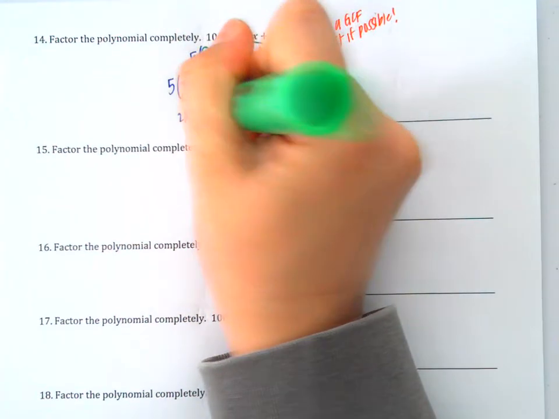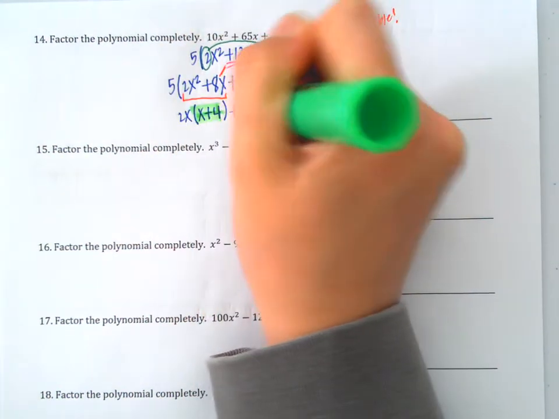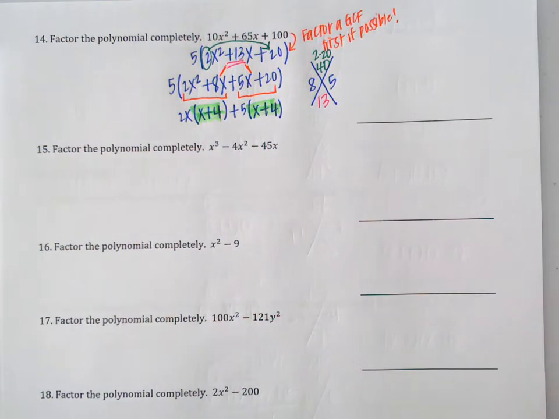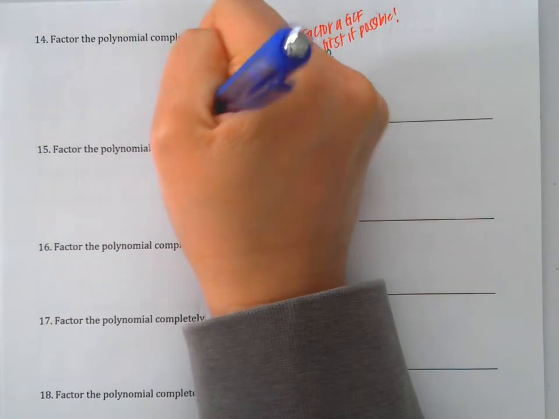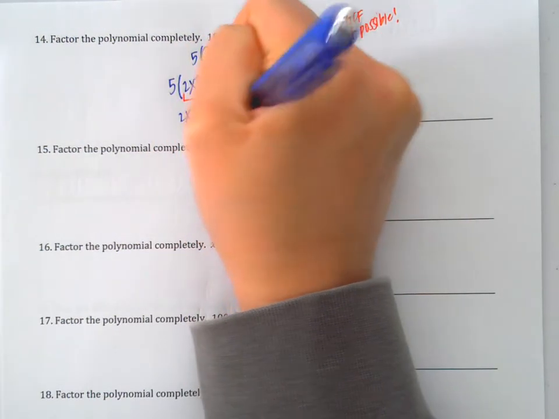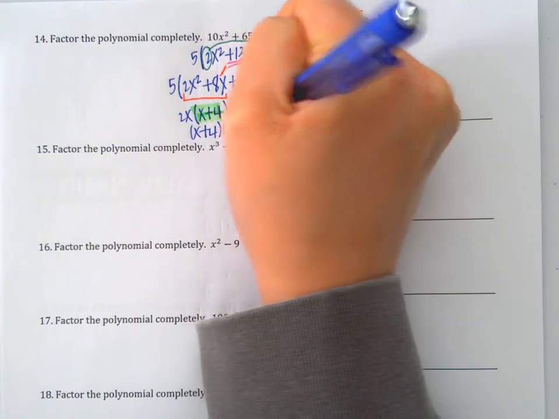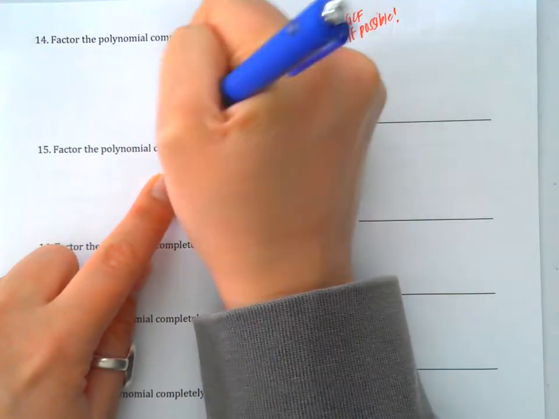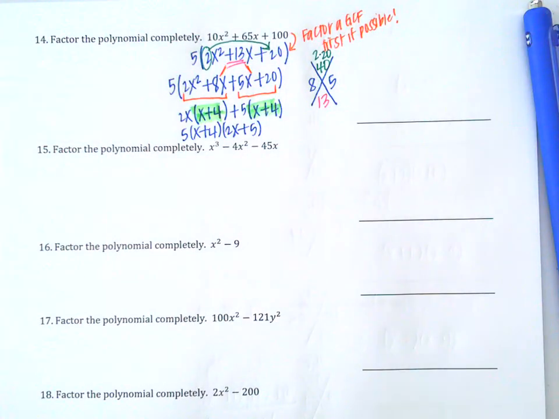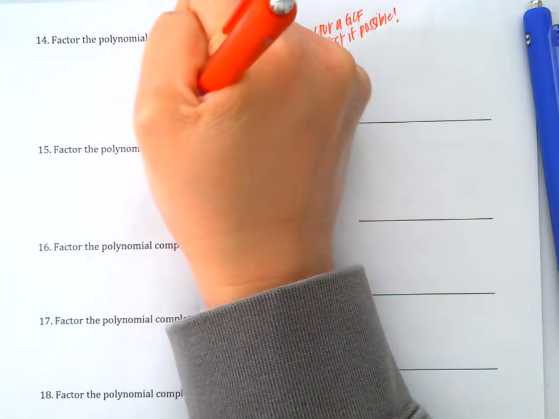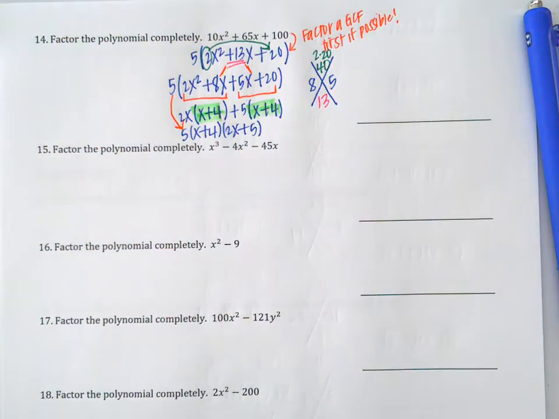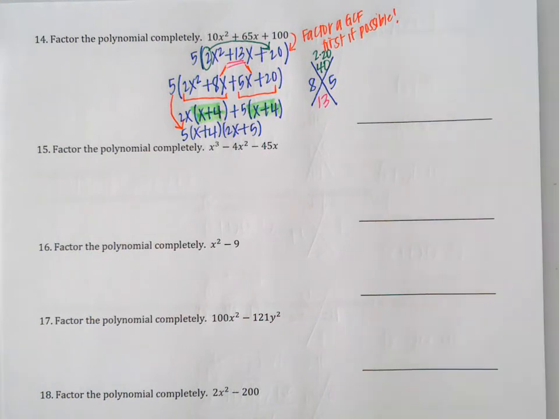Are these the same? They sure are. We're good. So we can write it as x plus 4 and then 2x plus 5. Now we can't forget that 5. That 5 was factored out from the beginning. If I don't keep it and leave it off, my answer is going to be wrong.